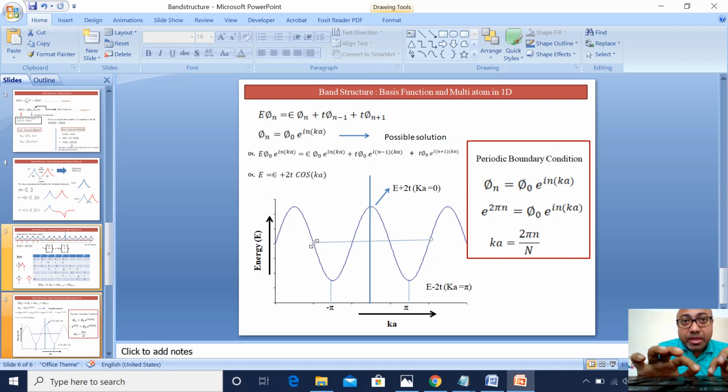If you are here and you add 2 pi, whatever the position may be, if you travel exactly 2 pi from your initial position, you will get the same wave function. That is the beauty.